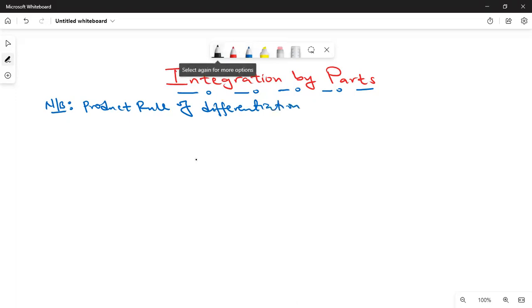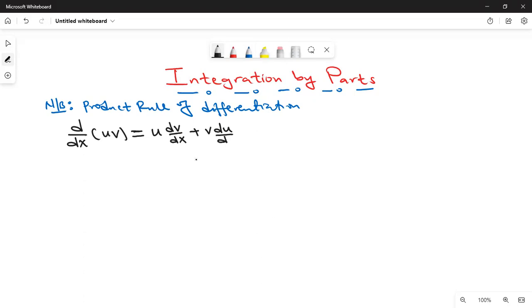In the product rule, when you want to differentiate with respect to x a product of u and v, the result is that you keep u constant and differentiate v with respect to x, plus keep v constant and differentiate u with respect to x.